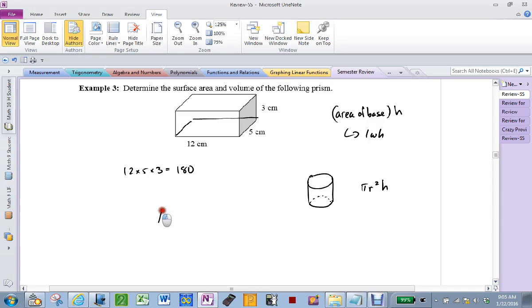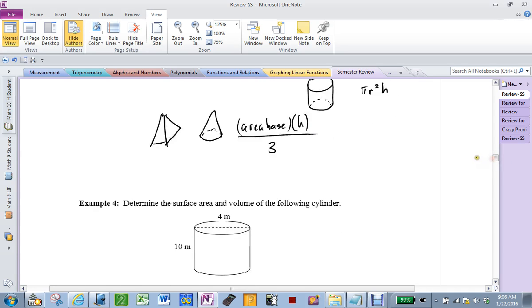Now, if it's a pyramid or a cone, it's still area of base times the height, but you divide it by 3. Okay?